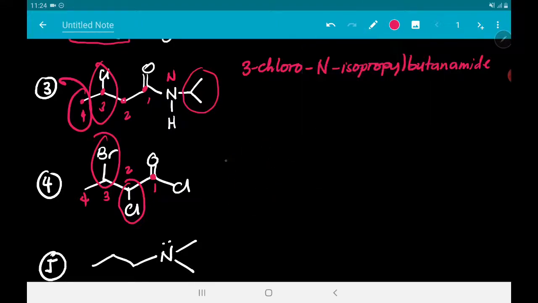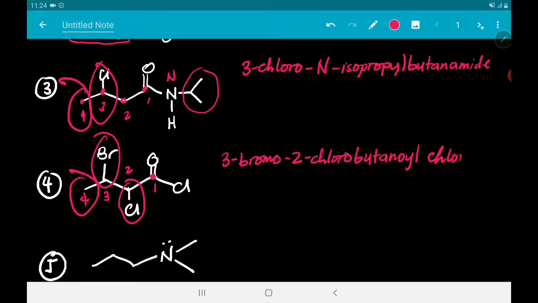Okay? So, 3 bromo, okay, 2 chloro, okay, so it has 4 carbons, butanoyl chloride. Okay, so that's the name of this compound.